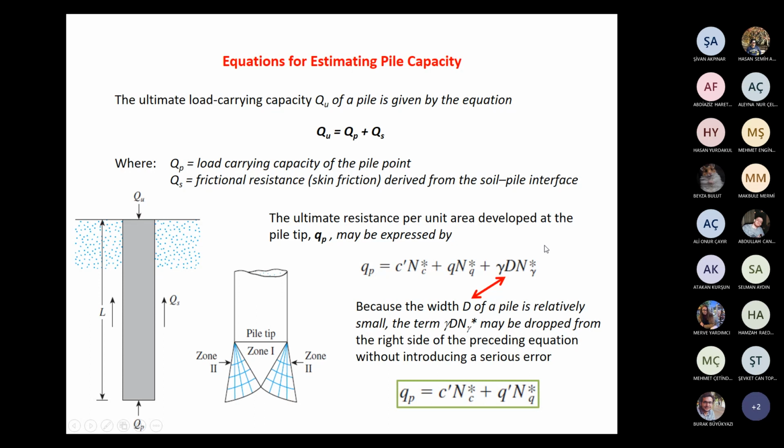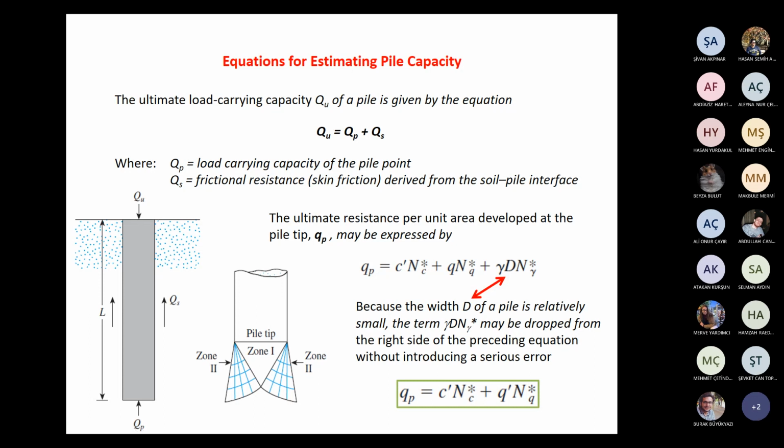And the third term is gamma, the unit weight of soil, multiplied by d and N gamma. But this third portion may be cancelled.